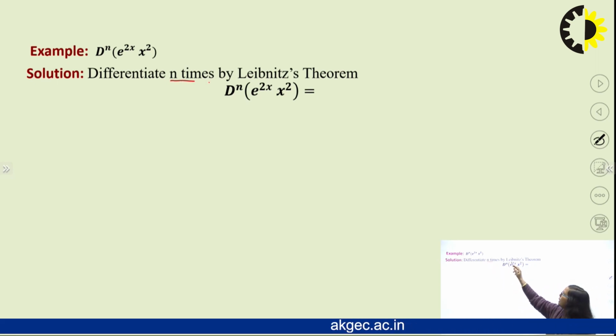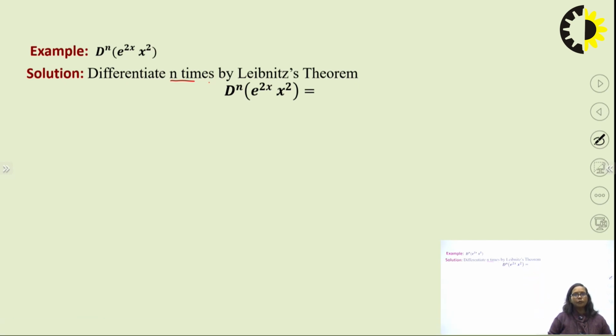We get d to the power n of e to the power x into x square. Now look at how we apply Leibniz here.